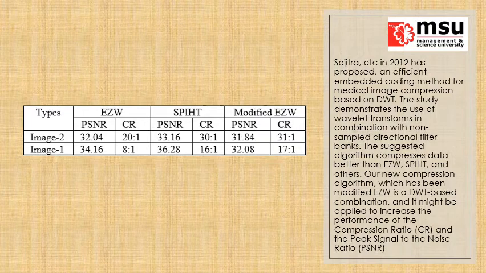The suggested algorithm compresses data better than EZW, SPIHT, and others. Our new compression algorithm, which is a modified EZW, is a DWT-based combination, and it might be applied to increase the performance of the compression ratio and the peak signal to noise ratio.